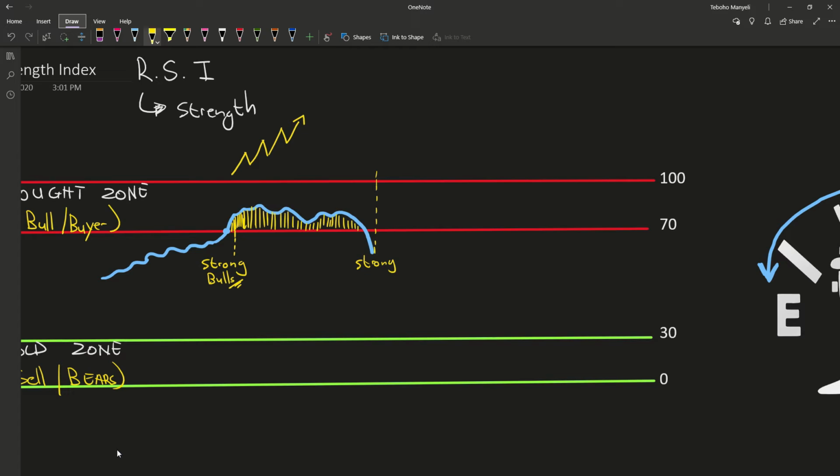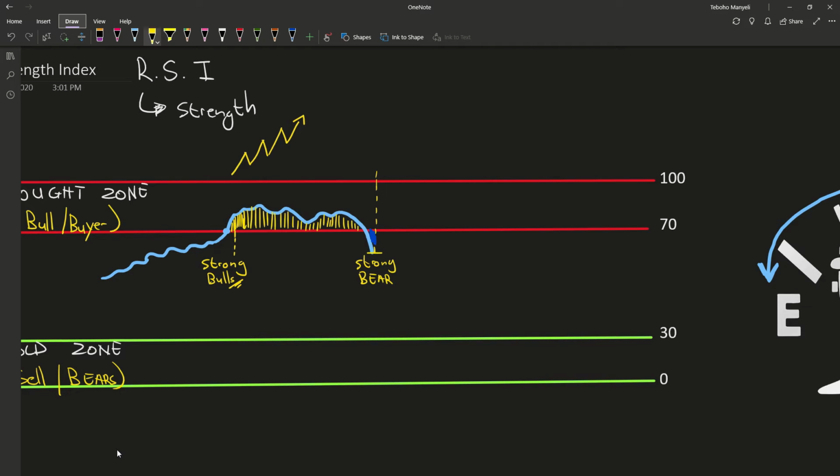Okay, so a pretty strong seller came in and the market then started moving to the bottom side of it, which is this area down here.